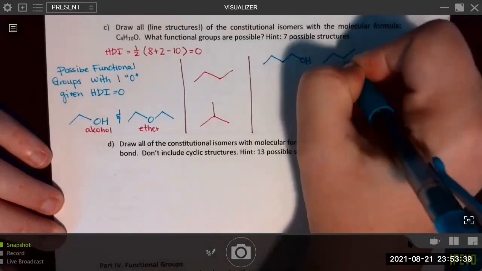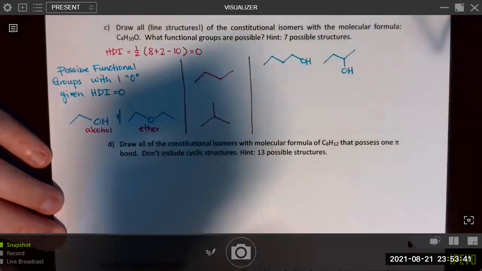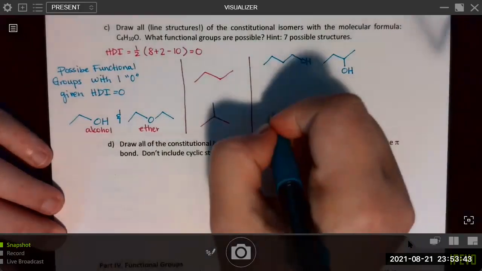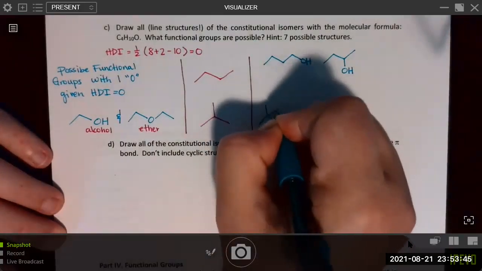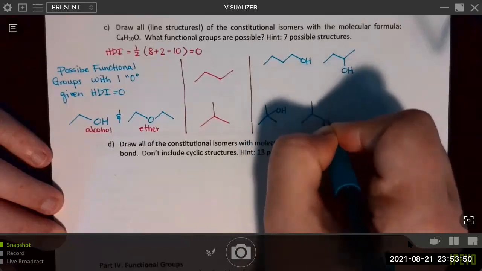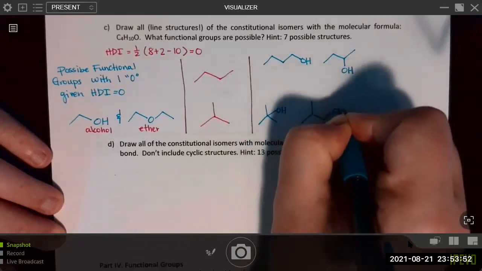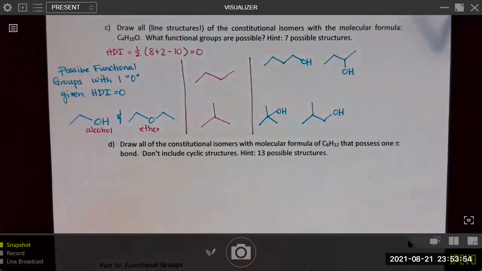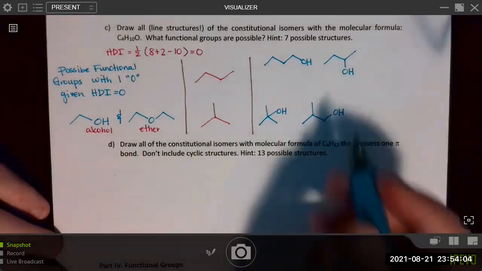What about with an OH at carbon number 2? And then same thing here, we put the OH on the center carbon or one of the end carbons. That comes up with 4, but we need 7 total. But that is all we can do in terms of alcohols. So what about ethers? Those are our 4 alcohols.